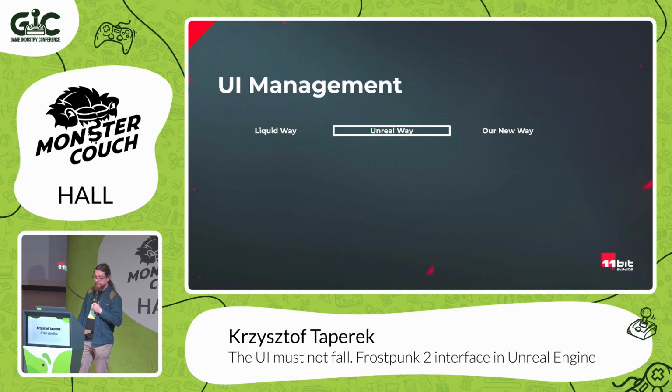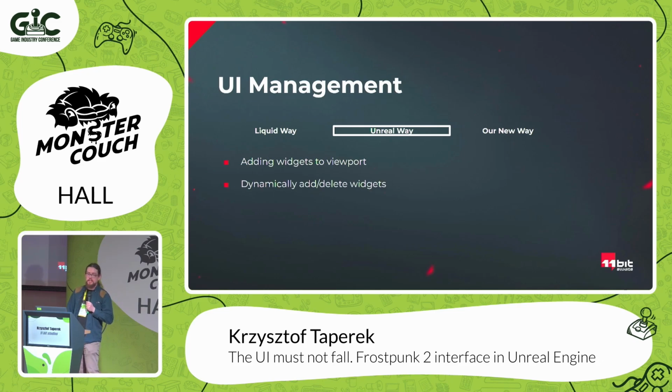In Unreal UI, of course, it's difficult for me to talk about it because we don't have much material for UI in Unreal, but the most common approach is just adding widgets to viewport, and they dynamically add them and delete them, so the most important thing is to keep as small an amount of widgets as possible.